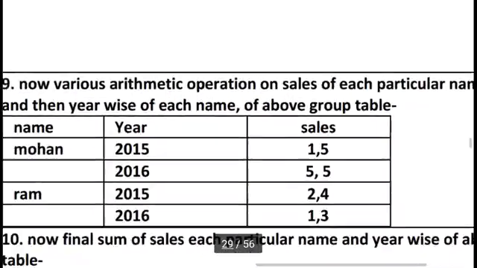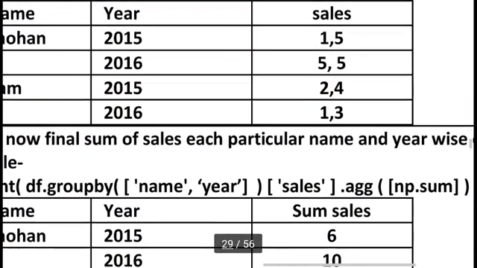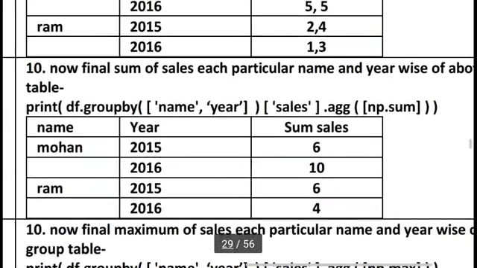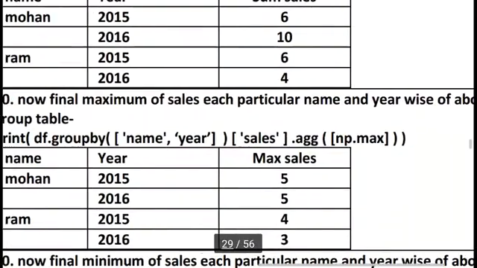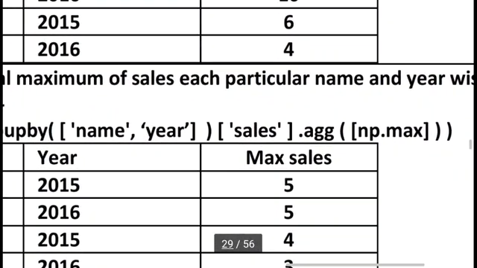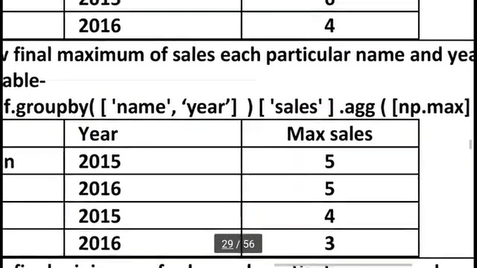So based on this table we can find the sum of sales year wise, but year wise also a particular name wise. Okay, but instead of sum we can also see the maximum result year wise.